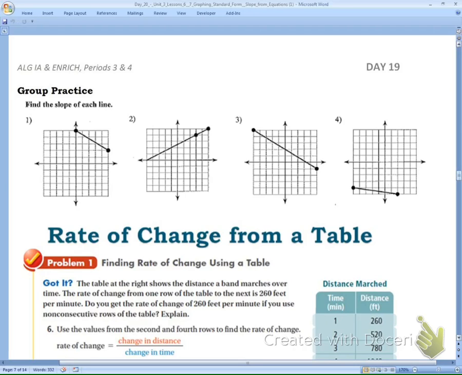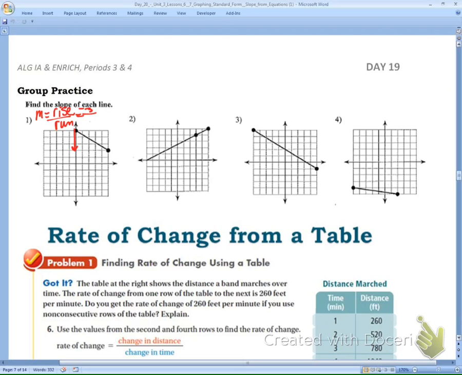Alright, so when you're trying to find the slope from a graph of a line, make sure you always start with the leftmost point. And remember that slope is the rise over the run. So our rise, or fall in this case, we have to fall down 1, 2, 3. So our rise is 3, or fall is 3. And because we're falling, you need to make sure it's negative.